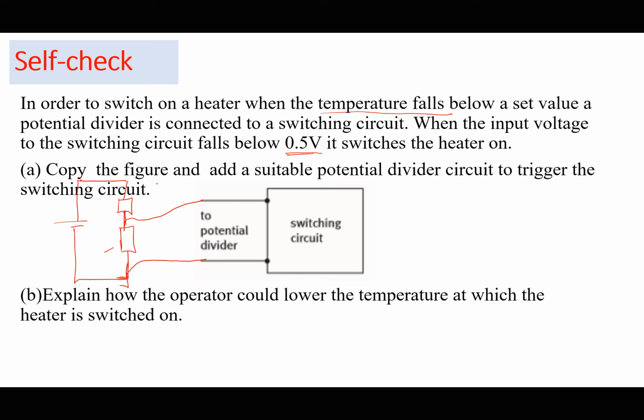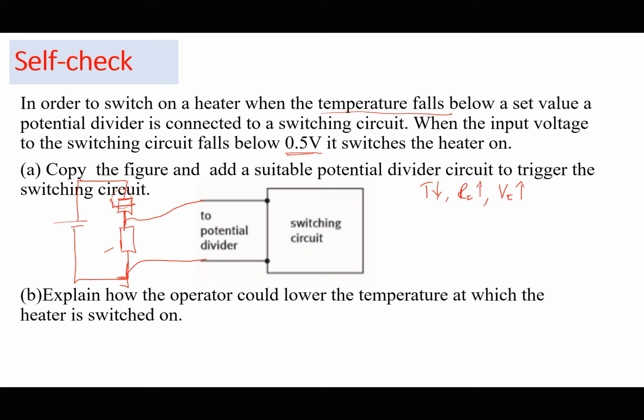Because when the temperature decreases, the resistance of the thermistor increases, which means the PD of the thermistor increases. Yet we want the input voltage to the switching circuit to fall below 0.5, which switches the heater on. So it means we must ensure that the PD falls. So we can't put a thermistor here because when the temperature falls, the PD will just be increasing instead of falling to 0.5.